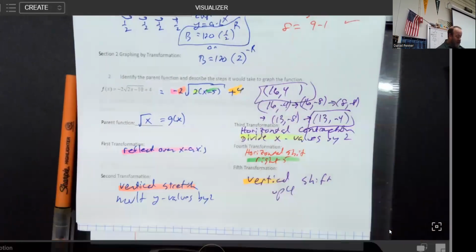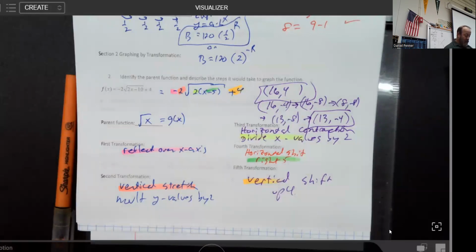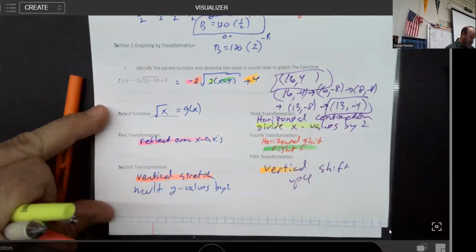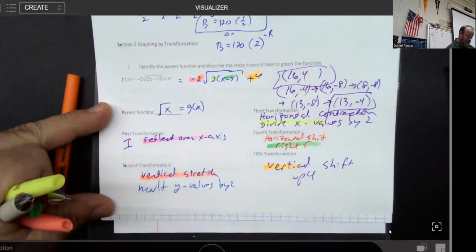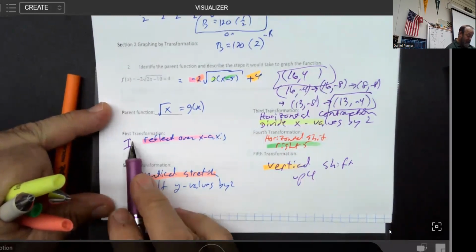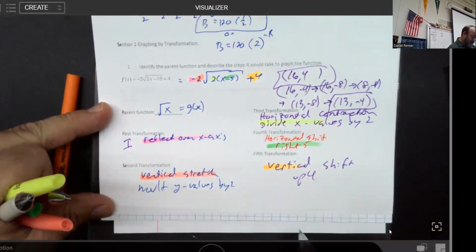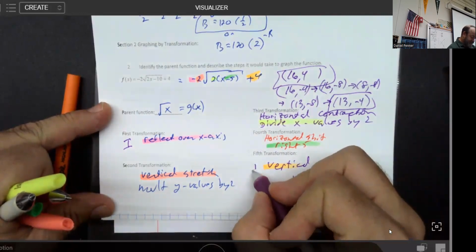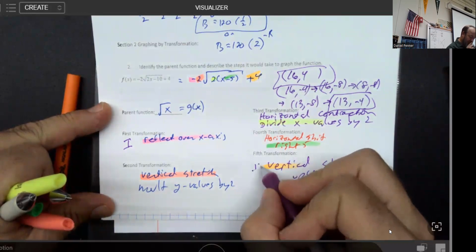Now, again, what I do want you to realize is that you could have reordered these in some way, and so I'm going to write this in kind of a strange way. I'm going to call this phase 1 right here as reflecting over the x-axis. I'm going to actually call this one also a phase 1. Now, this is a phase 2. I got to be careful about this, how I want to do this.